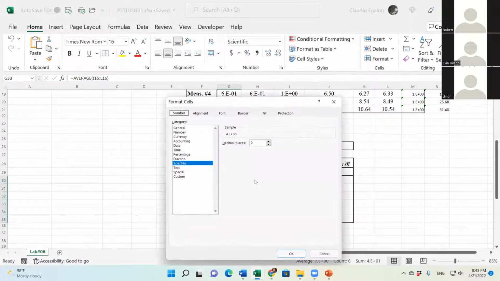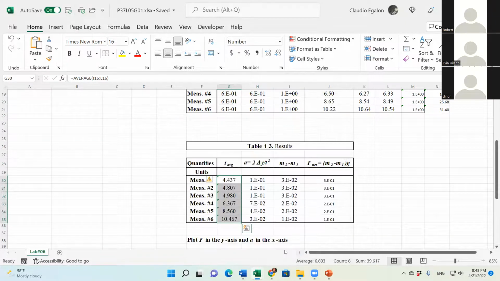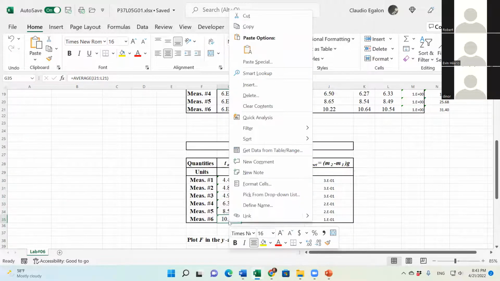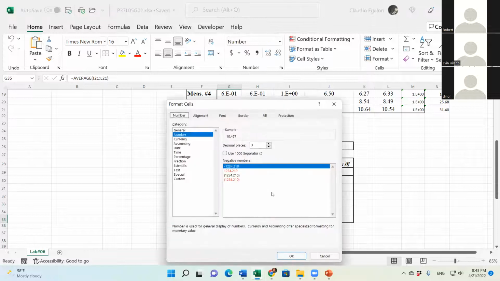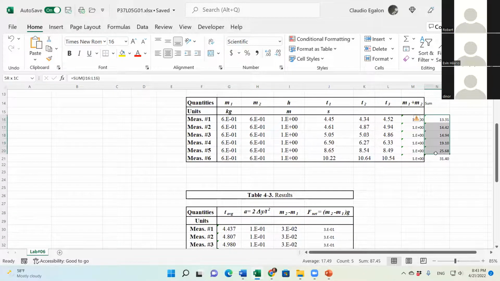So here you go, format number 1, 2, 3. This one is supposed to have only 2 decimal places. Now count here, 1, 2, 3, 4, 1, 2, 3, 4, right? Yes. Every result here has 4 significant digits, just like my sum has.